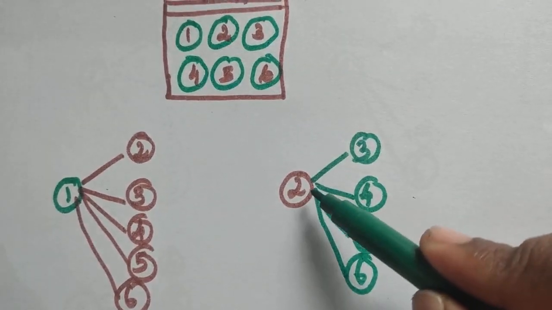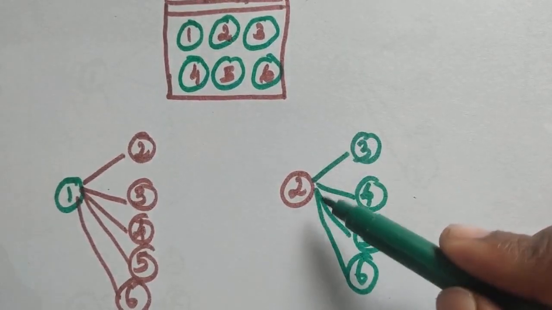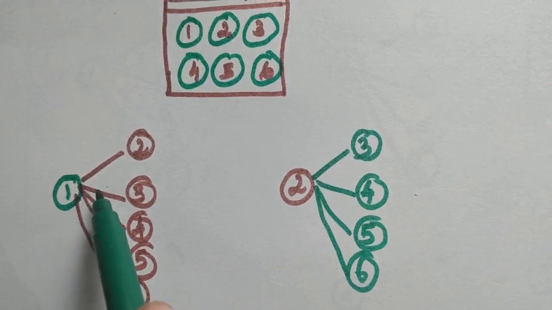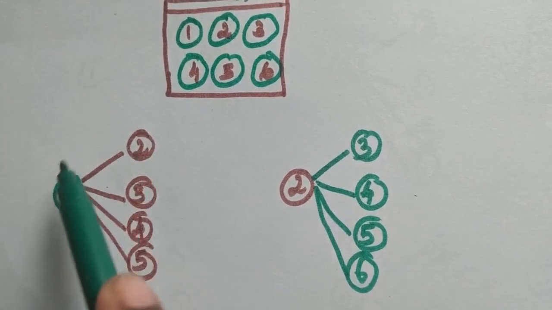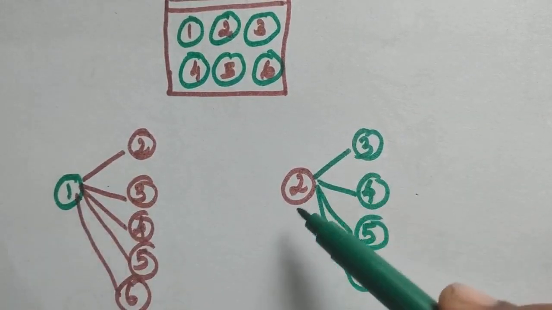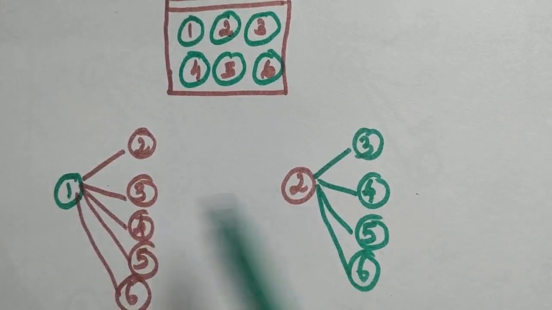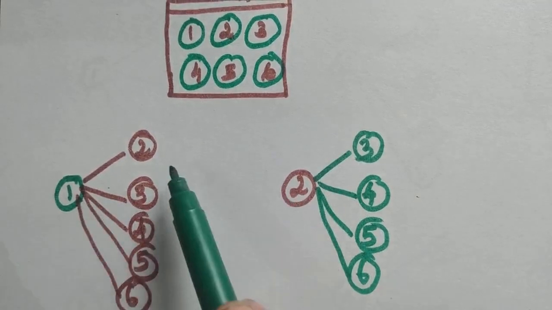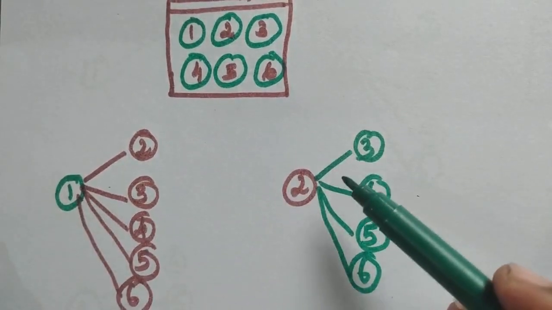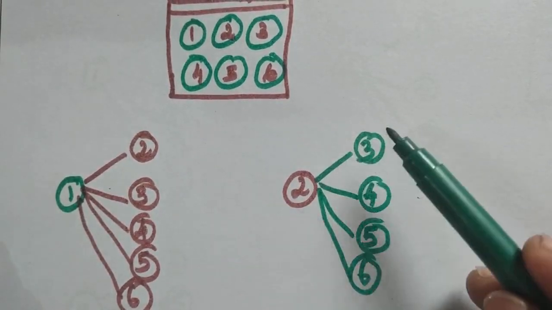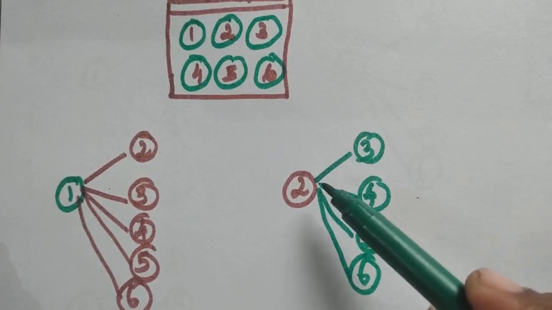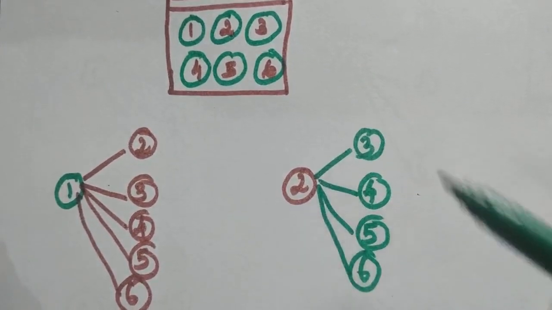Why didn't we write here 2, 1? Already we have taken 1, 2. So 1, 2 and 2, 1 are equal, because here these are balls. The balls that numbered 1 and 2 are equal to that number 2 and 1. So we didn't write 2, 1.